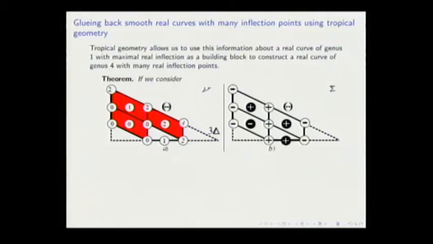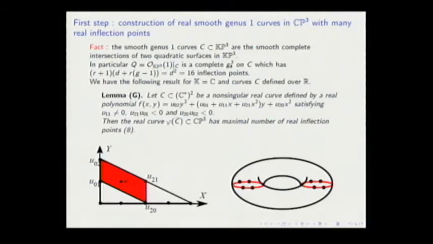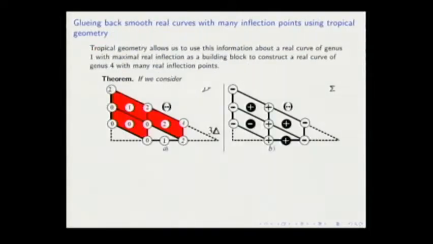So if we paste 4 of these together forming a degree 3 section, the resulting curve is going to be degree 3 inside this degree 2. So the result is a curve of genus 4.